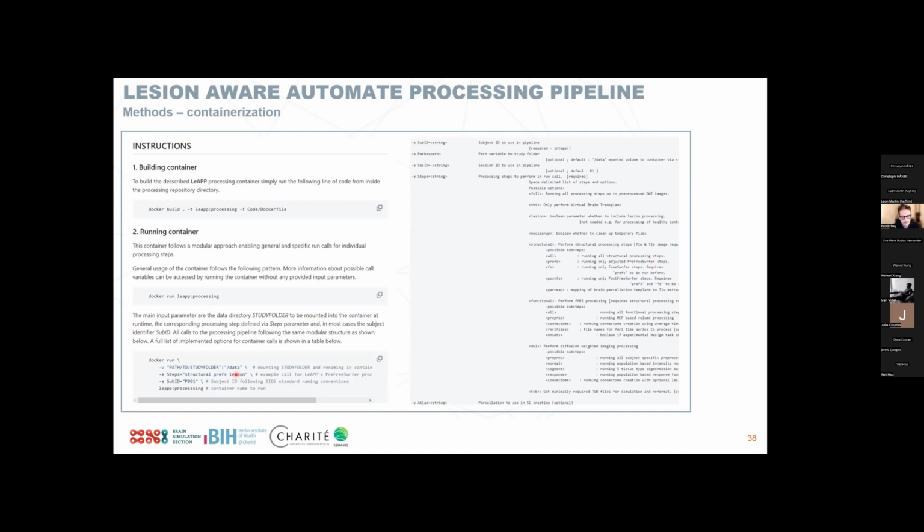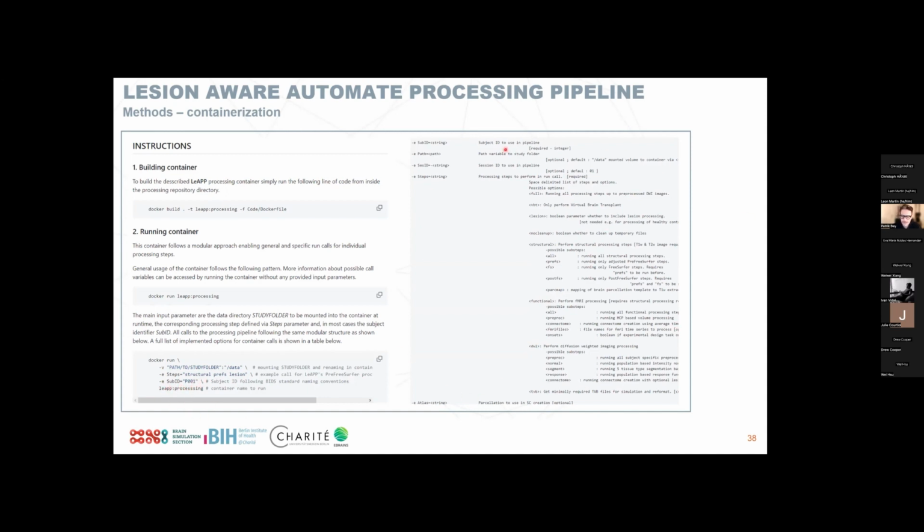We have the ability to not include those if we, for example, process healthy control data. We don't want to perform virtual brain transplant because there is no lesion to transplant. So we have the ability to define this here. And then we provide the ID. As you've seen before, BIDS tells us that all of the names will start with sub-, and then this ID will be added. So subject P001 will be processed here. And then we give the name of the actual container.